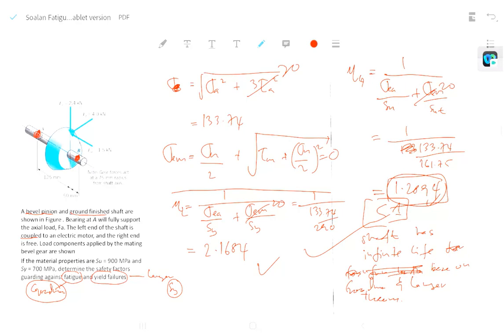So we could look from this one. Another one we could look from this one.